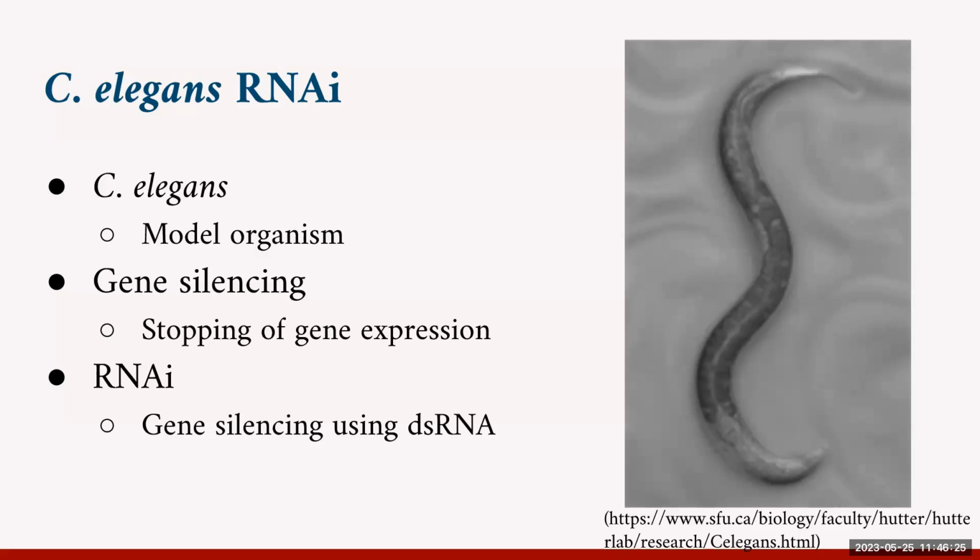So we were doing it by RNAi, which is a process where you use double-stranded RNA to silence the gene. RNA is normally single-stranded, and double-stranded RNA is generally found in pathogens. So C. elegans have developed a defense mechanism where if they detect double-stranded RNA, they'll destroy all the RNA that matches it. So if you give them double-stranded RNA that matches their own RNA, they'll destroy their own RNA, and then they can't produce that protein.